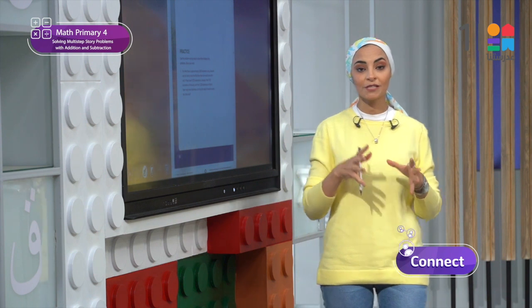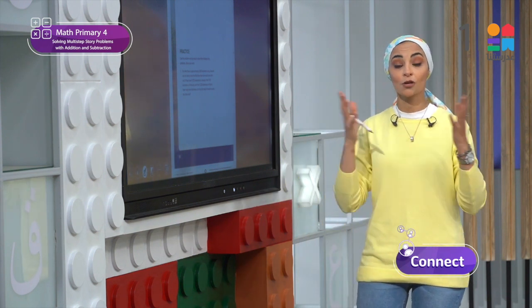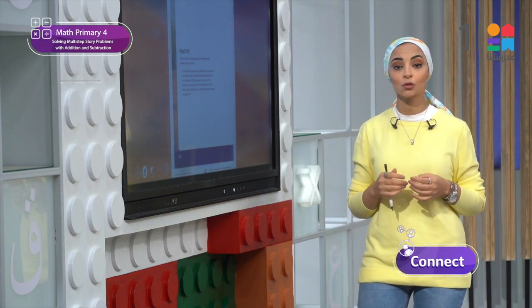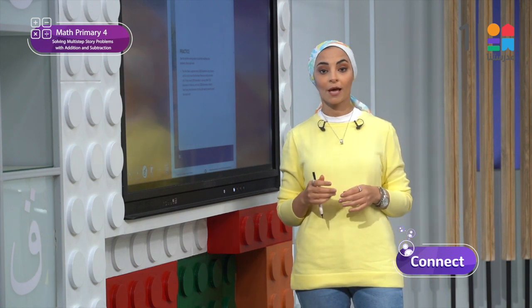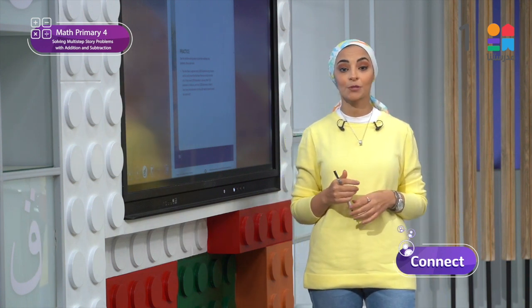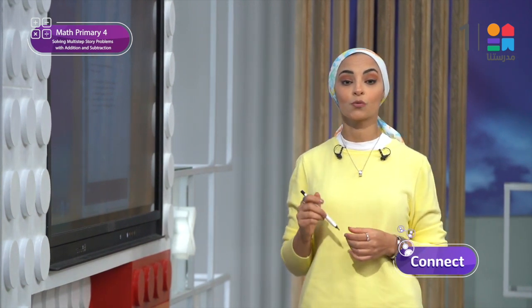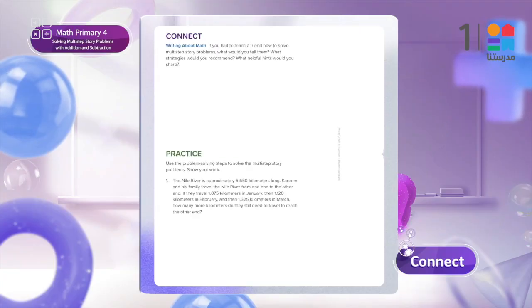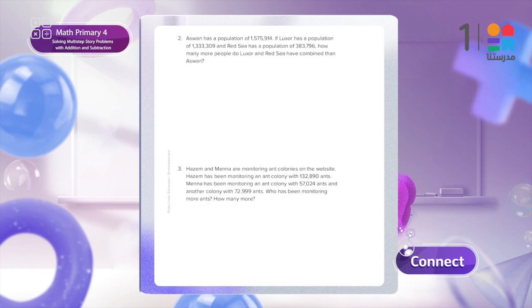I won't depend on whether there is a difference or sum. There are lots of advice we can say related to what we have learned today and the steps of solving multi-step story problems. Please summarize this in your words and write it in your books. This will be a good reference for you and your friends. Now open your book to page 98 and 99 and let's practice.